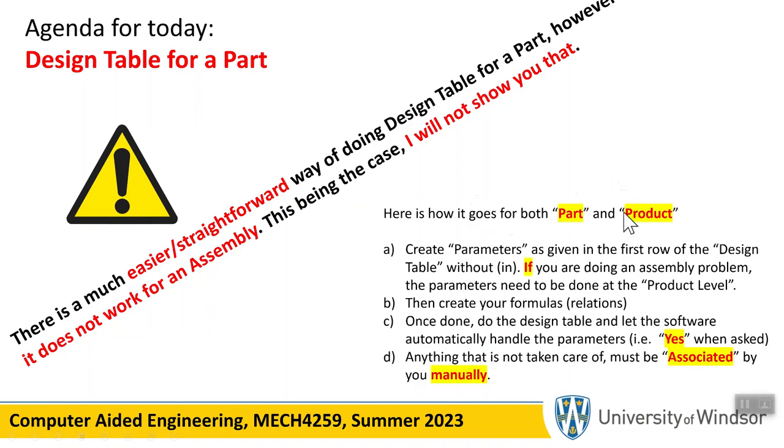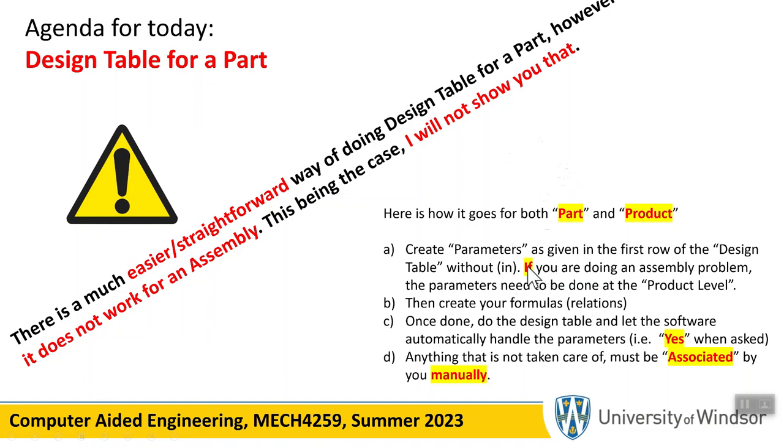Whether you have a part or a product, this is the sequence of events you follow. You create the parameters as shown in the design table, in the Excel spreadsheet. We'll get to that in a minute. But don't put any units next to them, because I'll be more specific when we get down to that.